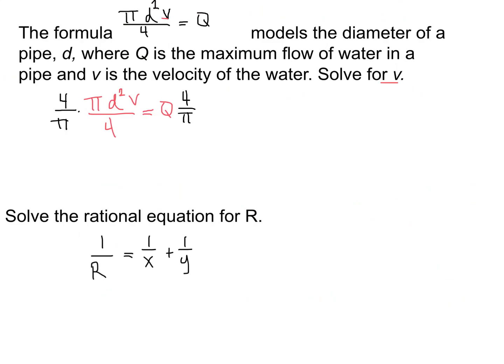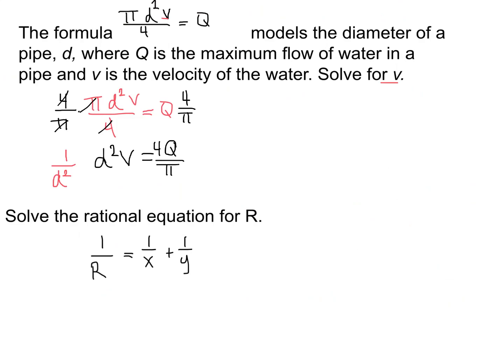Okay. And so pi over pi is 1, 4 over 4 is 1, and now I have d squared v is equal to q times 4, which is 4q, over pi. I'm almost there. I now just need to divide by d squared on both sides. Let me actually back up for a second. Instead of dividing by d squared, we can think about multiplying by 1 over d squared.